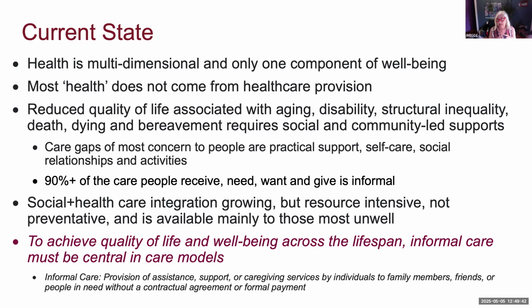Response to treatment does, but there's a lot of other aspects of health that can be supported. Gaps in care that are of concern to a lot of vulnerable populations tend to be things like practical support, social relationships, activities, life purpose and meaning, dignity, comfort, etc.